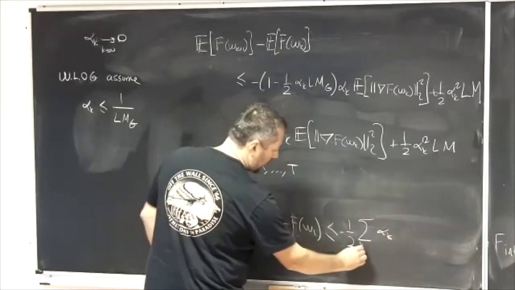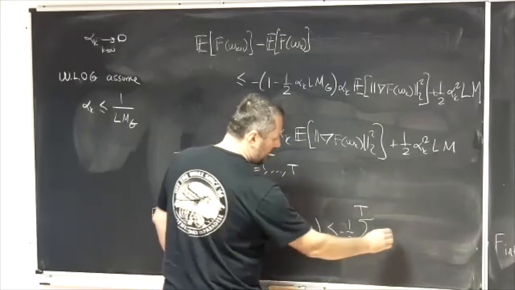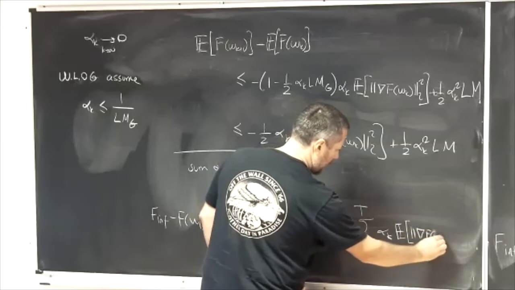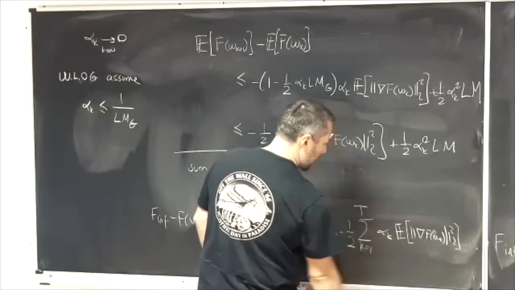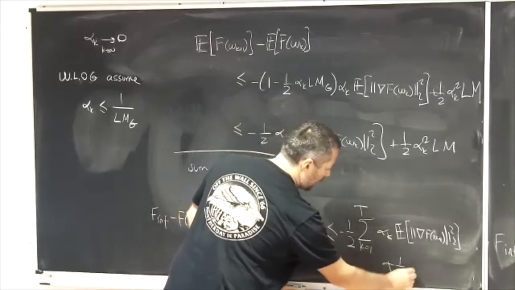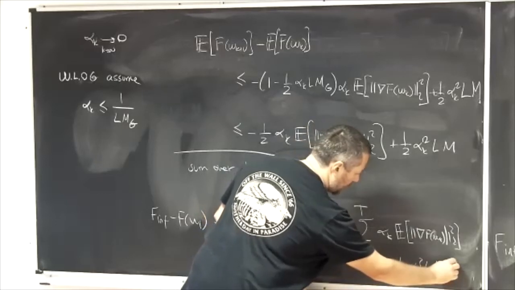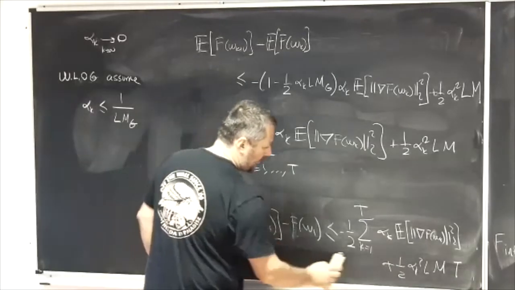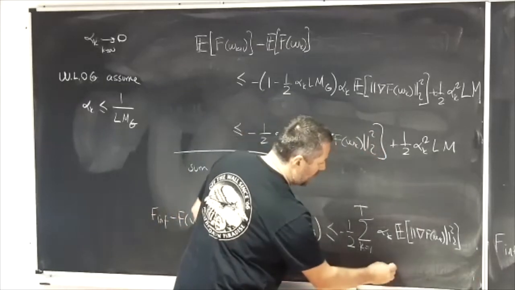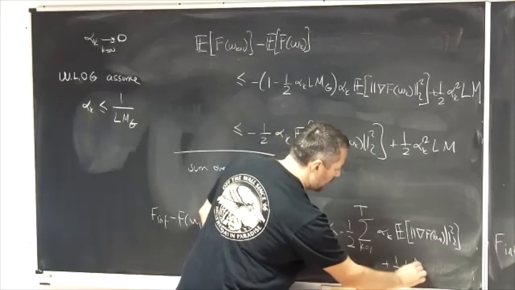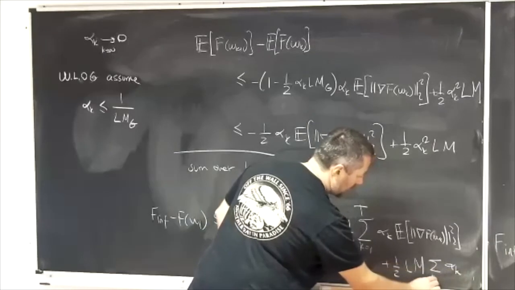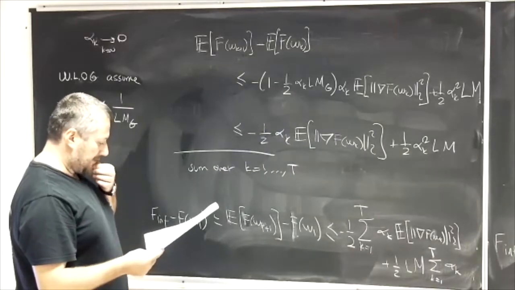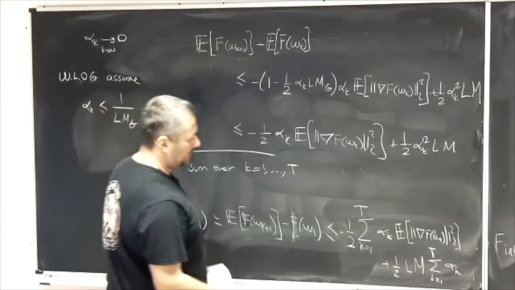Now we cannot take alpha out, so it stays as a weighted sum here. And again, plus 1/2 alpha k squared L M. Now we don't have a fixed step size, so we have plus 1/2 times L times M times the sum of the alpha k squared.